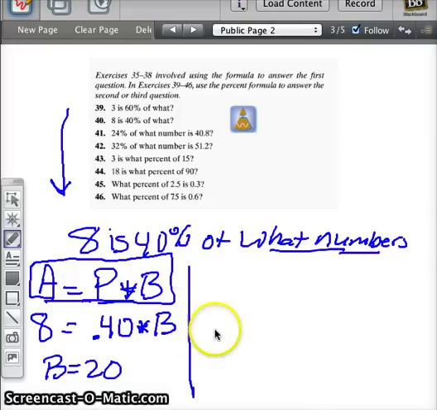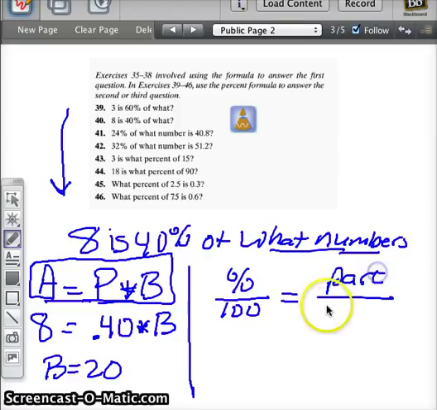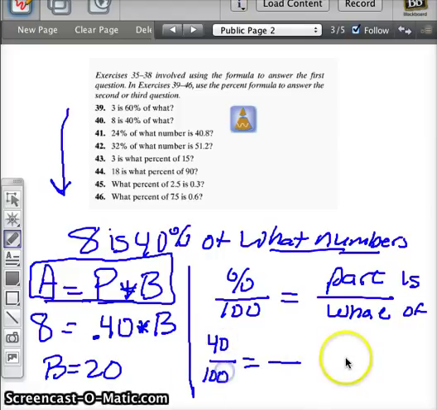Now, I'm going to show you another formula that I have found helpful for people. The percent over 100 is equal to the part over the whole, or the is over the of. The value of this one is you could make a proportion. So 40 goes here, 100 goes here. 8 is, the is next to that.